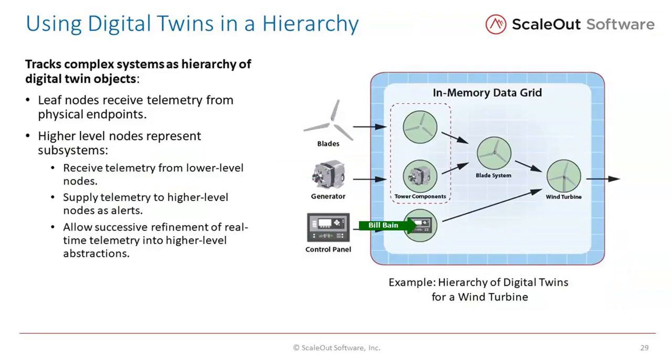And they can forward statistics to higher level digital twins, which represent higher level or more abstract subsystems in the overall model. This, for example, looking at the blade system as a whole.